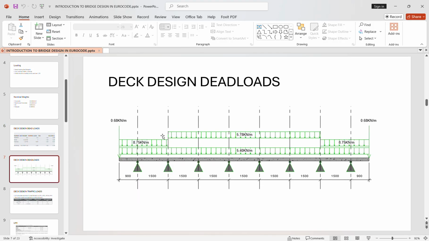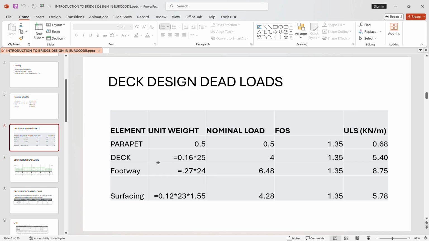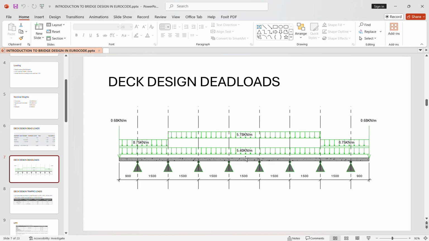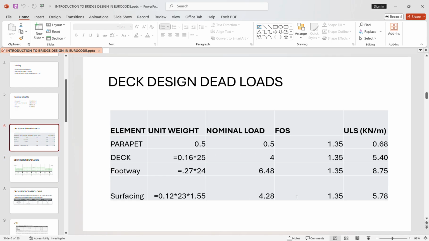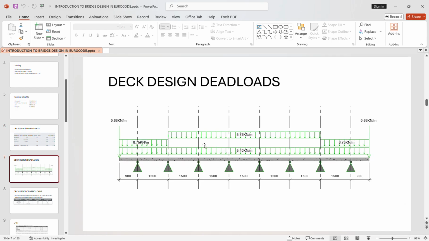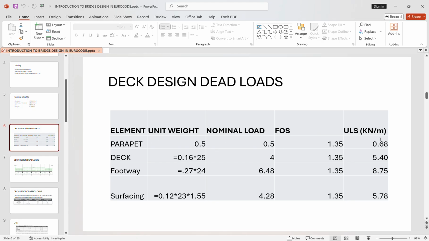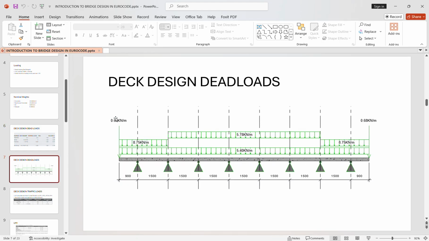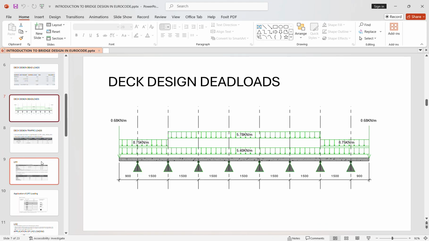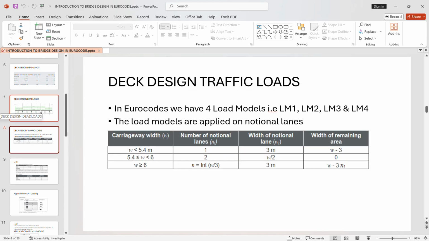This is the footway loading as we determined from here, we had a footway on both sides, and this is the surfacing loading as we determined from here. And this is our parapet loading, which we shall be applying as a point load. It was 0.68 here. So that's it for the dead loads.